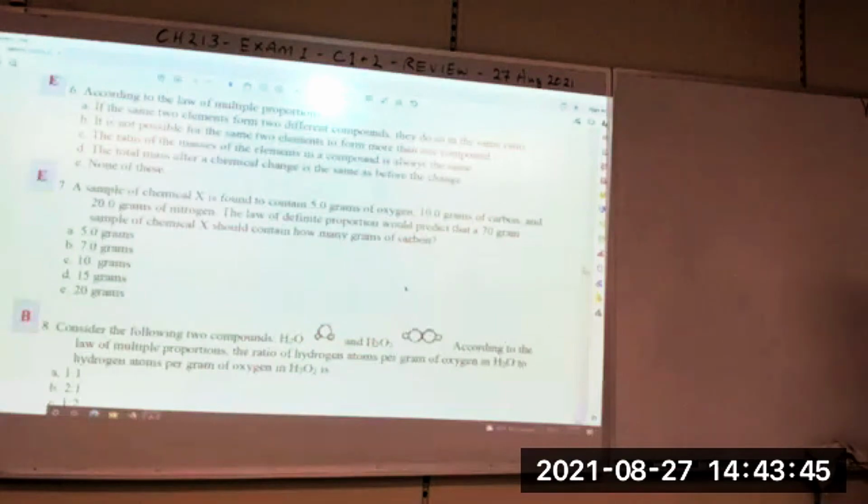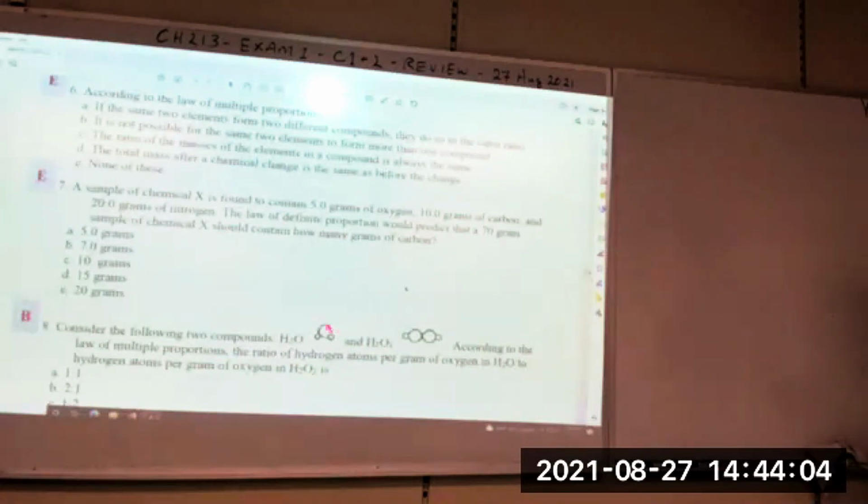Or they're backwards, 2 to 1. According to the law, the ratio of hydrogen atoms per gram of oxygen to the ratio of hydrogen atoms per gram of oxygen here. Okay, I see what they're getting at.